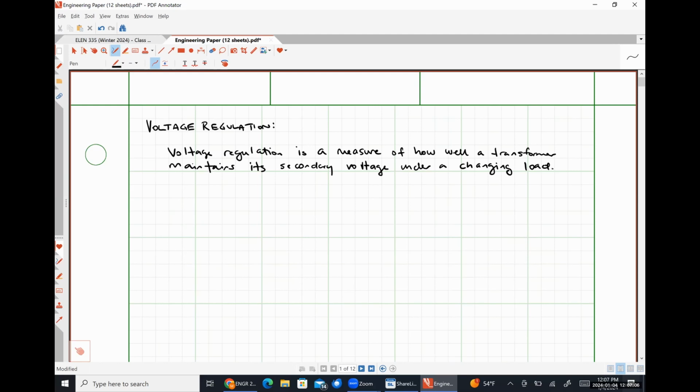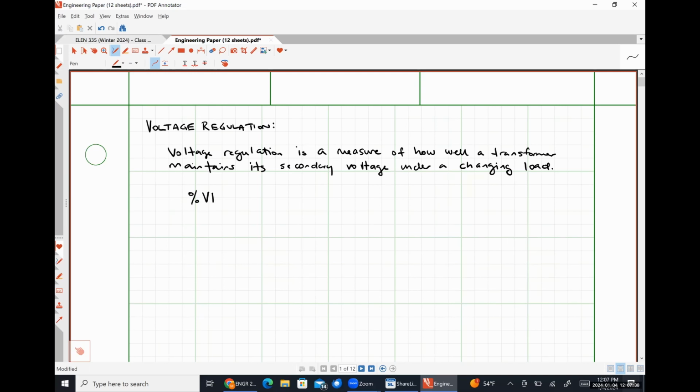And so the voltage regulation is a figure of merit that tells us how much variance we should expect to see in that secondary voltage as we apply different loads, ranging all the way from a no load condition where it is completely open circuited up to a fully loaded condition where the secondary windings are drawing rated current.